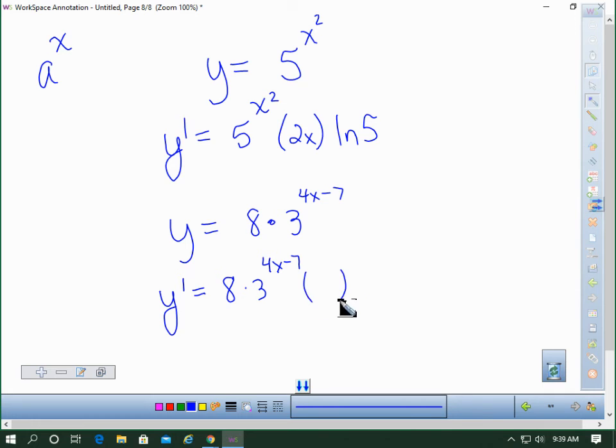Then I would chain on the derivative of my exponent, which is 4. And then I'd have to chain on the natural log of the base, which is 3. So if I wanted to simplify this, I could make it 32 times 3 to the 4x minus 7 times the natural log of 3. So that is how you do other bases.